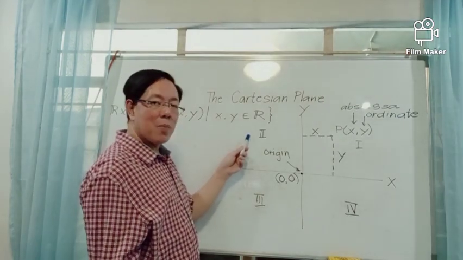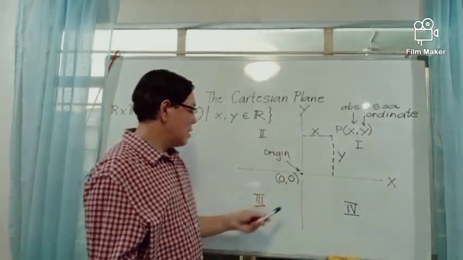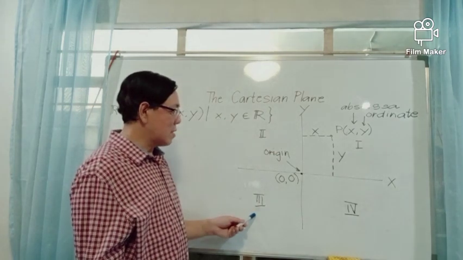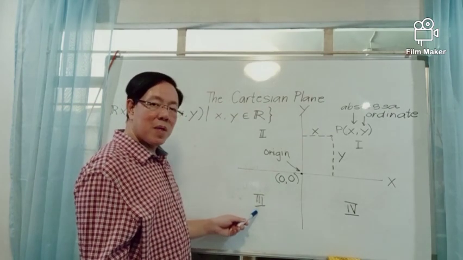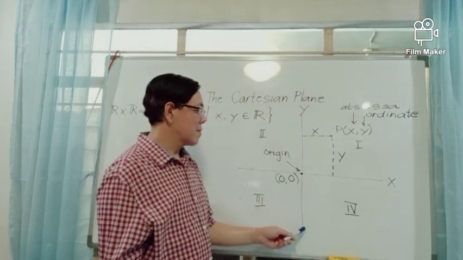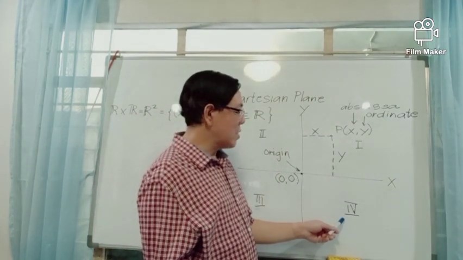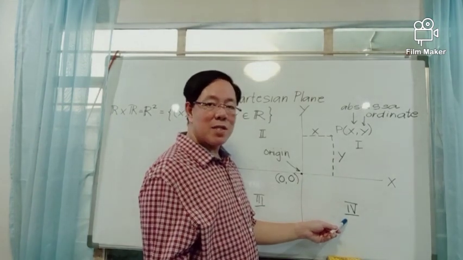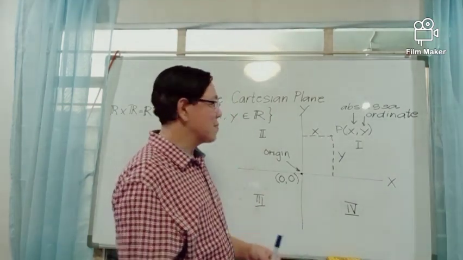And the ordinate of a point in the second quadrant is positive. In the third quadrant, the abscissa of any point in the third quadrant is negative. And the ordinate of a point in the third quadrant is also negative. In the fourth quadrant, the abscissa of a point in the fourth quadrant is positive, while the ordinate of a point in the fourth quadrant is negative.